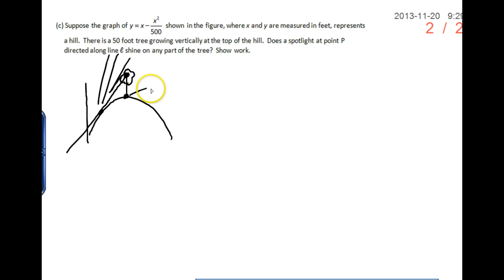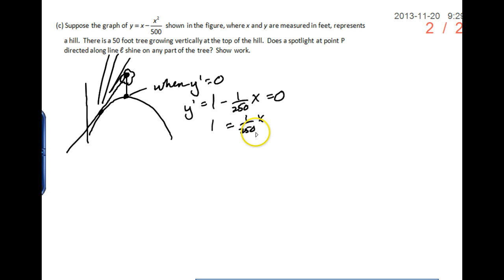So this occurs when y prime equals 0. Y prime was 1 minus 1 over 250 x. If we set this equal to 0 and solve, we get 1 equals 1 over 250 times x. If I multiply by 250, I get x equals 250. So x is 250.